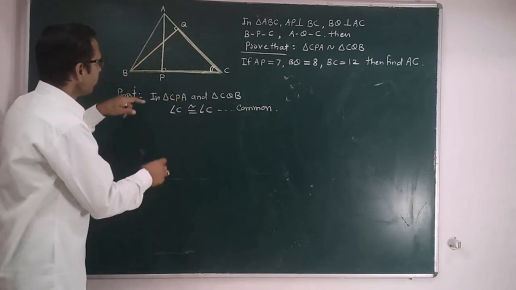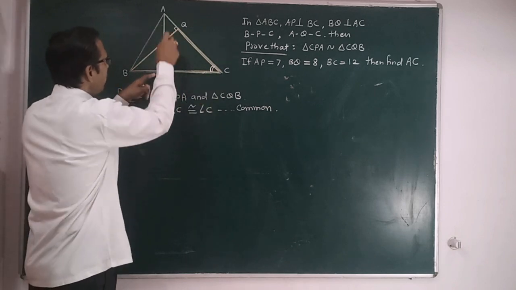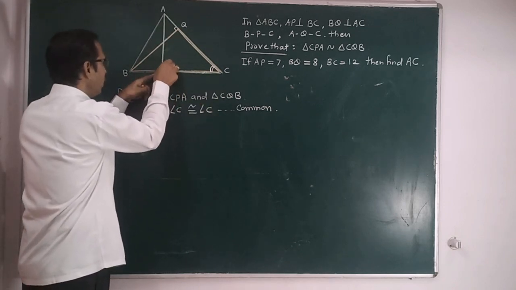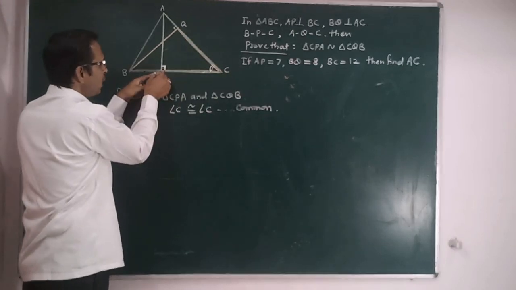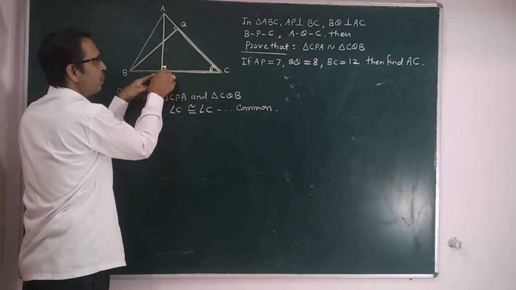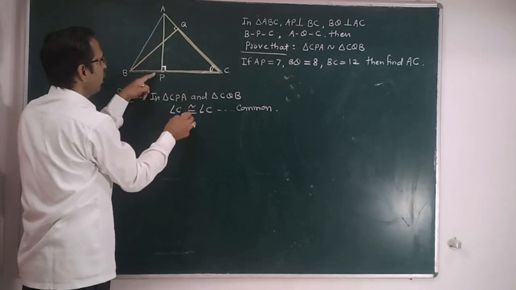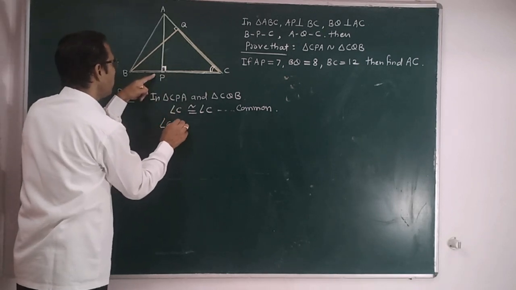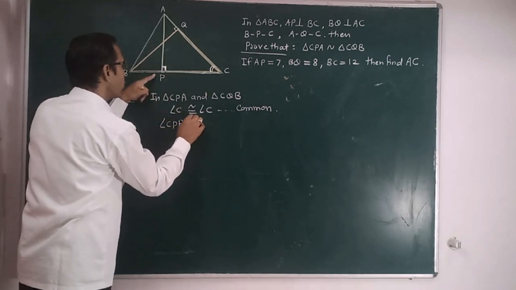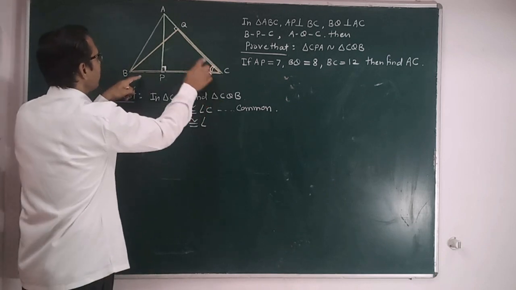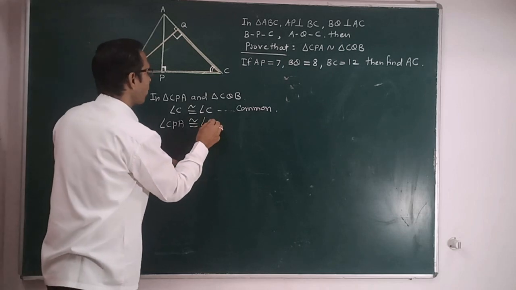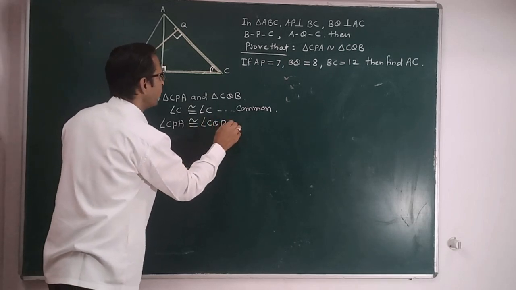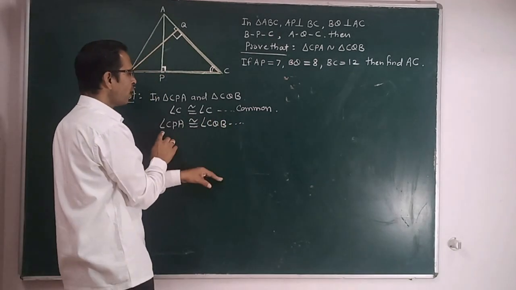Then in triangle CPA, this angle P, because we are given that AP is perpendicular to BC, means AP is perpendicular to CP, that's why this angle is 90 degrees, and angle CPA is congruent with angle CQB because this angle is also 90 degrees. Why are these two angles congruent?